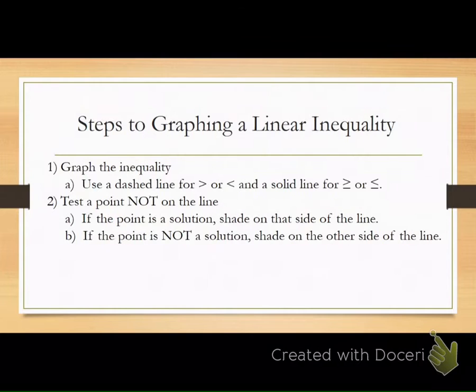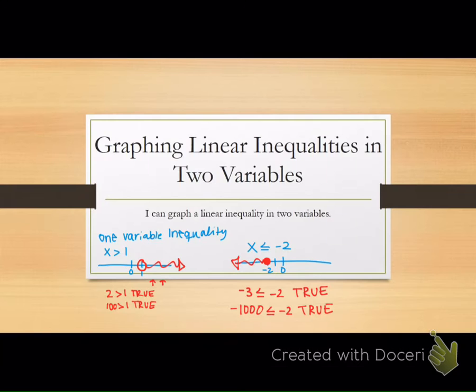So steps to graphing a linear inequality. First, graph the inequality line. Since it is an inequality, and if you think back to what I did on that very first slide, you see how we had open or closed circles? We need to determine if it's not included or included. Remember, if there's no line underneath, it's not included. In this case, we used an open circle.